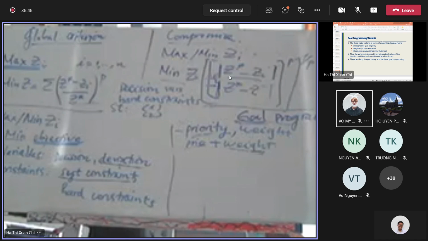When I use the priority, it means I cannot define exactly the weight of the objective. Here is the first goal, but we cannot define the weight exactly. When you define the weight, you should define exactly the number, 0.6 or 0.7 or 0.3. Because we cannot define it exactly, we use the priorities. Okay, everyone?